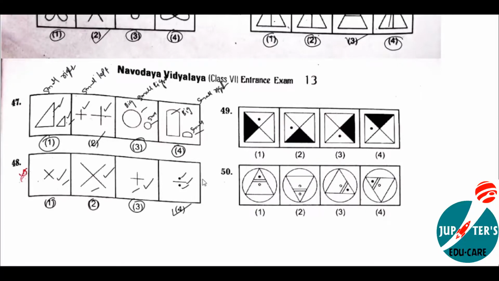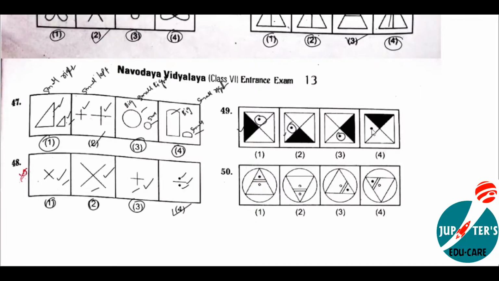Next, question number 49. In the first option, this shaded dot is on the right side of the shaded part. Next, in option 2, this small dot is on the right side of the shaded part. In option 3, this dot is on the right side of the shaded part, or we can consider the dot coming after the shaded part.